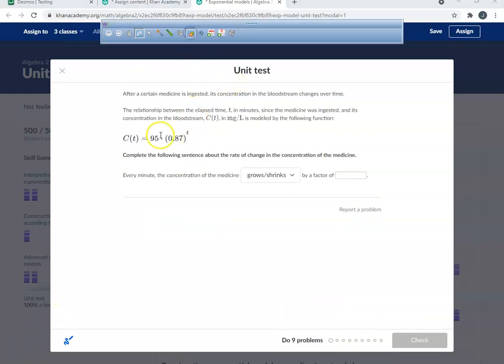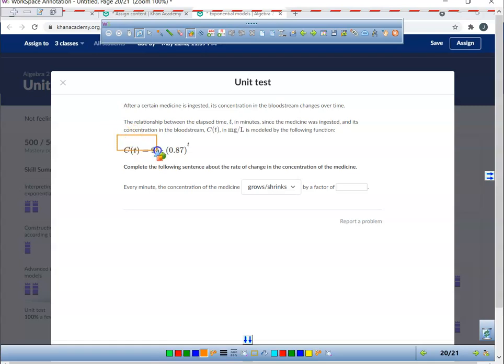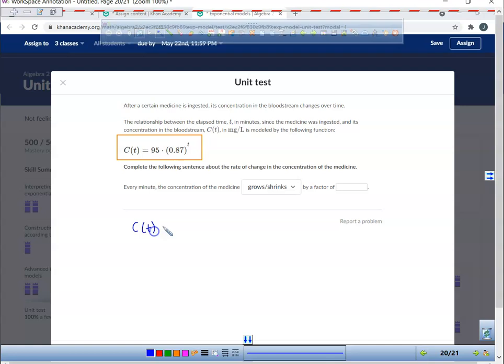All right, so we're going to take a look at this problem. All I want you guys to write down is this right here, because we're going to interpret what this means. So if you would, please, in your journals, just write down C of t equals 95, parentheses, 0.87 to the power of t. It looks like t is in minutes.